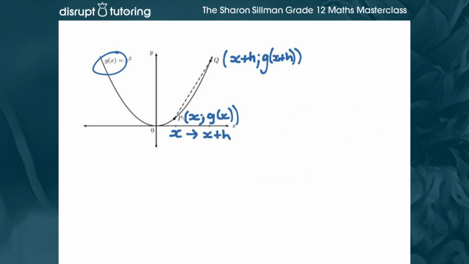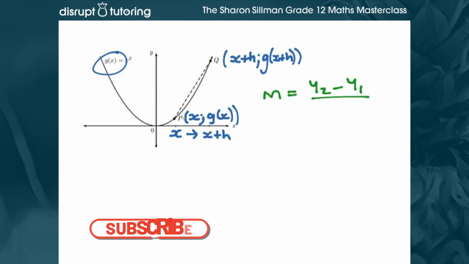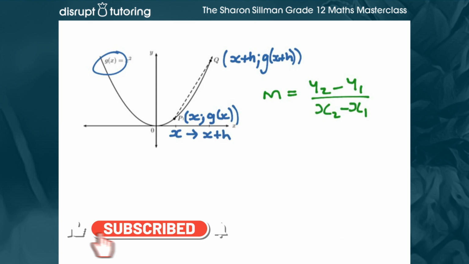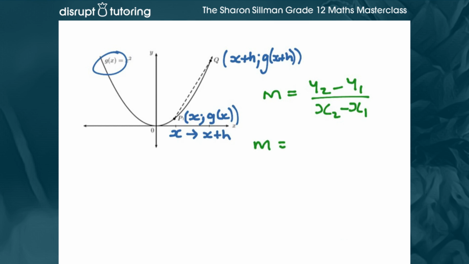So if I wanted to find the average gradient between P and Q, normally we would then say gradient is change in the y numbers divided by change in the x numbers. So now we need to give these x and y coordinates their proper name. So we're going to call this x1, y1, and we're going to call this x2, y2.